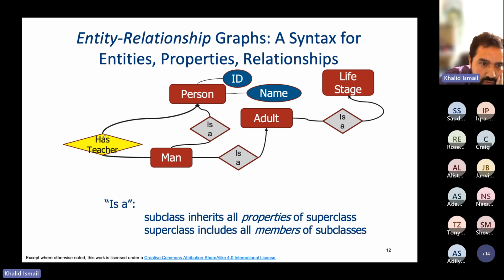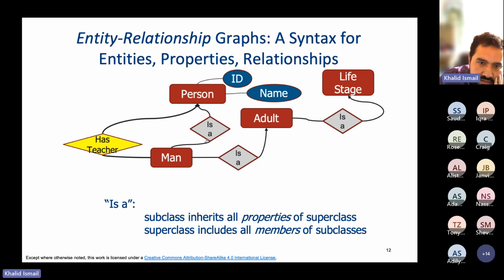Okay, so in this case we have the has teacher here as a separate link which represents some sort of relationship. Okay, so again we can see here the is a kind of relationship.